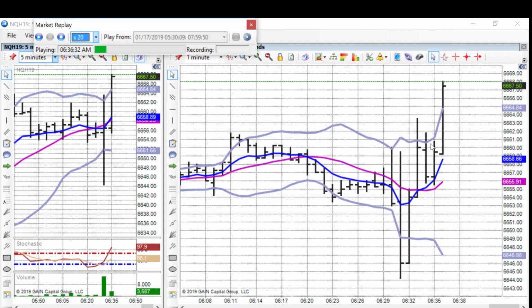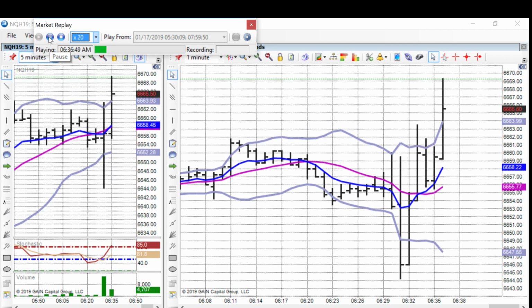I know it looks a lot easier looking back, but in reality, that line is moving, so you've got to be able to project a little bit. That was a trade right here, and I missed that, but you see I was alerted to it. I just missed it because I had it sped up. But we'll look for the next one here.